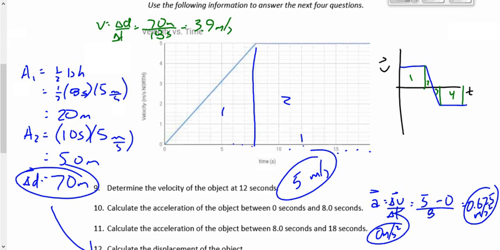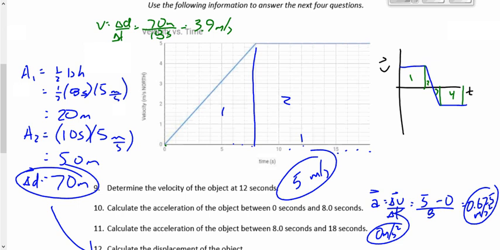Now, Josh, if we went and did it the other way, which is not a valid way for this one because it's not just one straight line, look at what we'd say. We say, well, the initial is 0, the final is 5, so the average would be 2.5, right? And clearly that's wrong, right? Now, why doesn't it work? Well, because we were going at 5 meters per second for longer.